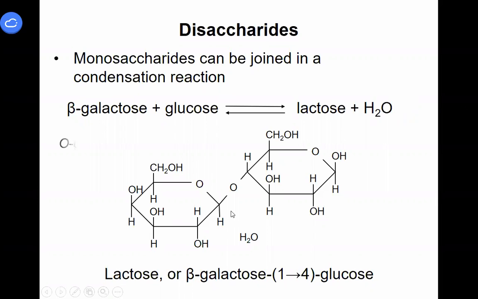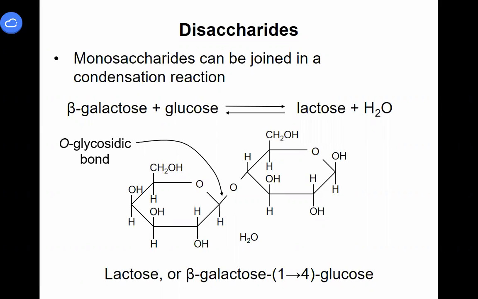Okay, now this bond here, we call it an O-glycosidic bond because it's a sugar bonded to something else via an oxygen. Another common type is an N-glycosidic bond, and you see that in nucleosides, but we'll get to that in topic 14. So that's an O-glycosidic bond. Now, the interesting thing is that once this bond has formed, the chemistry of the group changes such that the galactose ring here is no longer able to open and close.